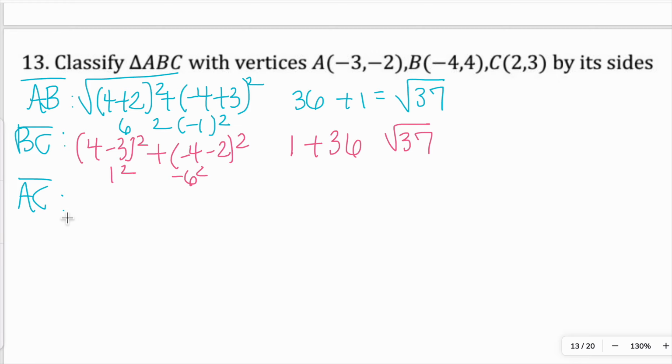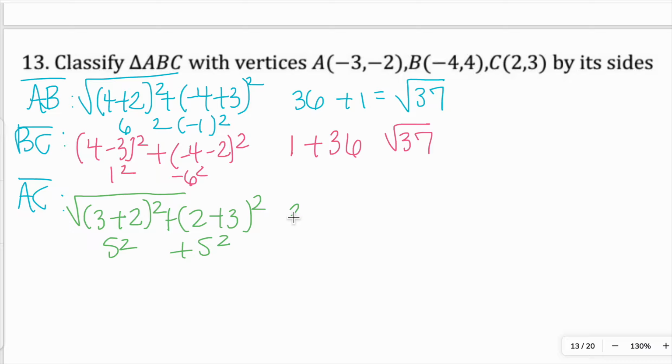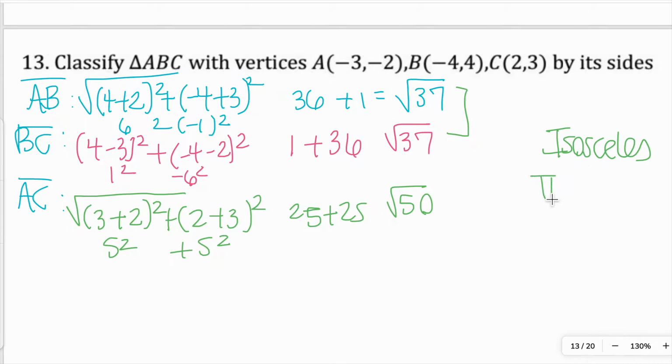And then for AC, from A to C, I did 3 plus 2 for my y's, and 2 plus 3 for my x's, and that is 5 squared plus 5 squared, or 25 plus 25, which is going to give me the square root of 50. So, because I have 2 matching sides, I will name this an isosceles triangle.